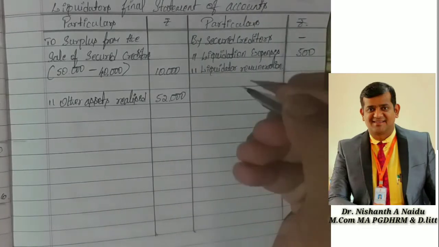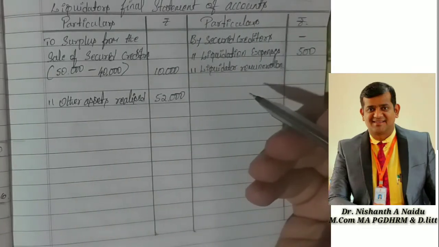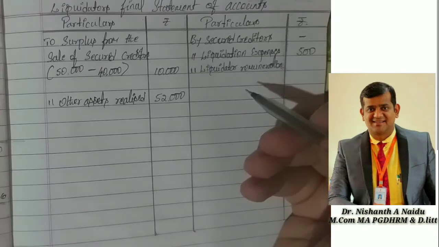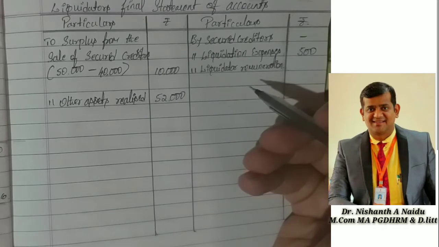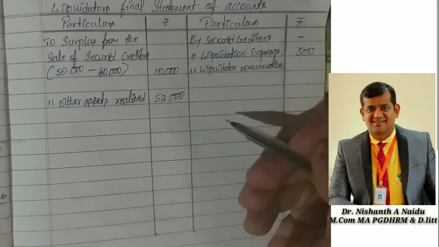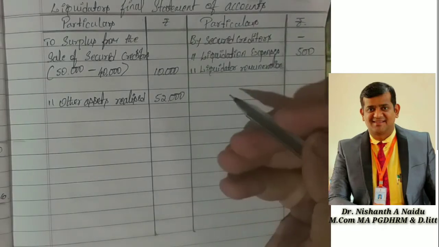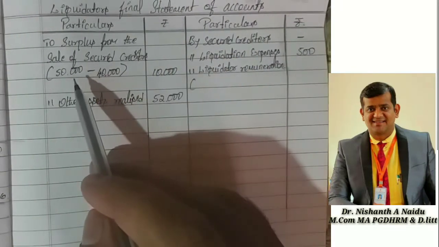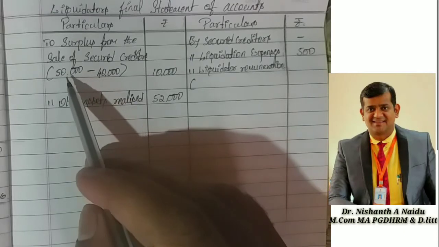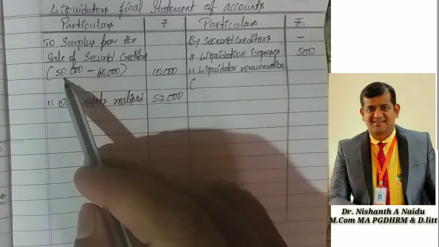So how much is it? In the problem they have clearly said the liquidator is entitled to a remuneration of 3% on the assets realized, including securities in the hands of secured creditors. So let us check how much the asset value in the hands of secured creditors was. That was 50,000 rupees. Correct?